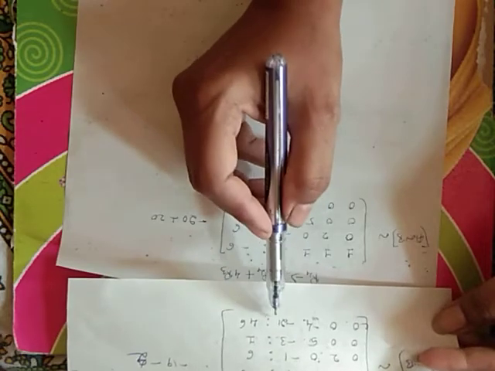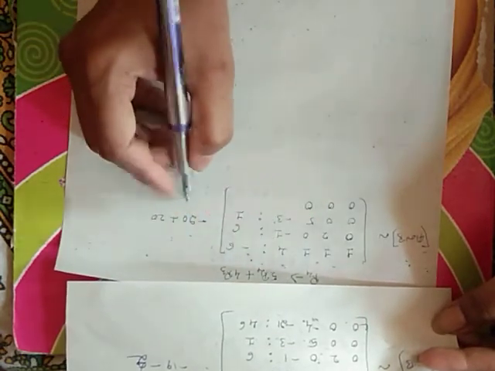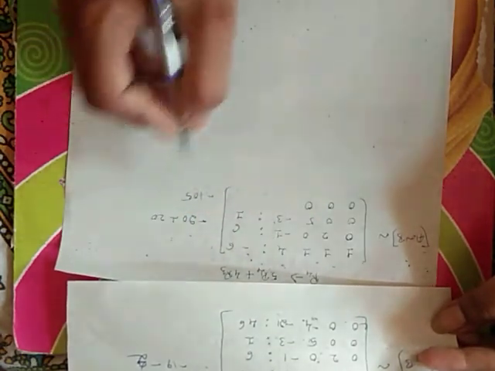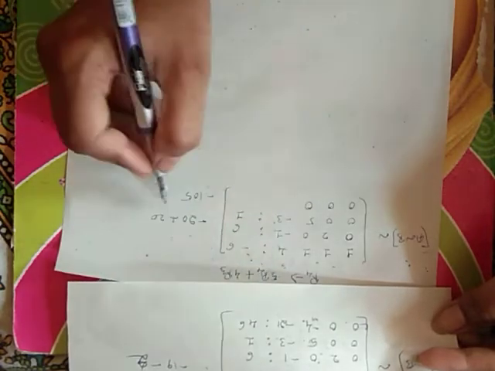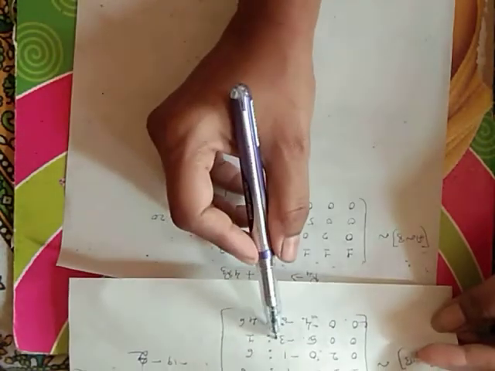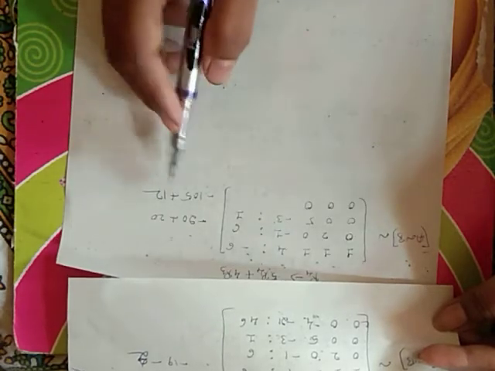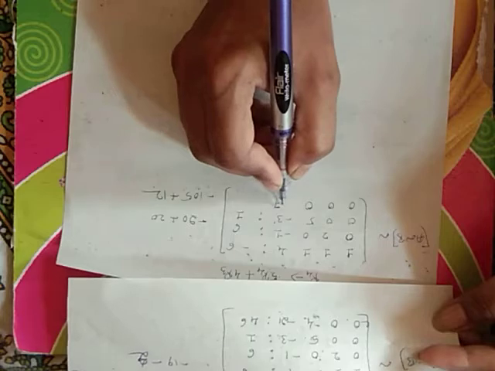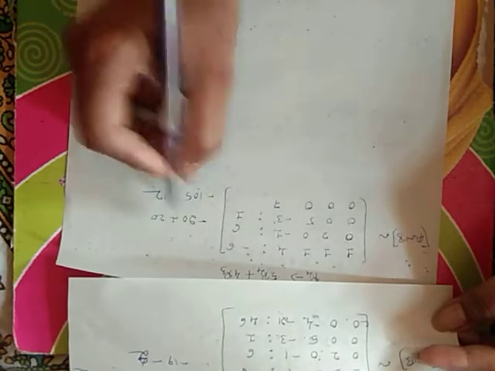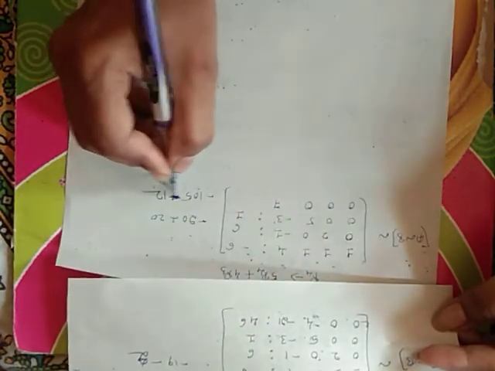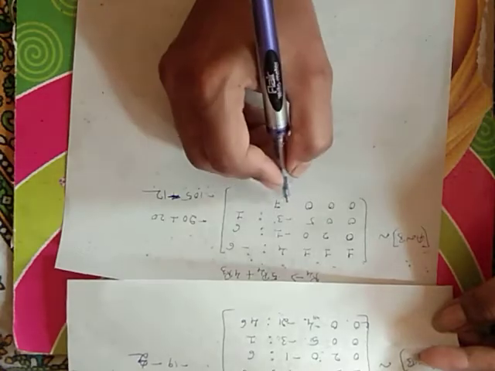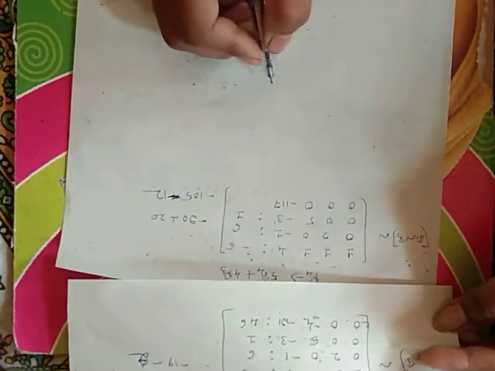Minus 21 into 5, minus 105, plus 4 into R3, 4 into 3, 12. Minus 105 minus 12 is minus 117. Here it is also minus, because minus 3 into 4 is minus 12, so minus 117.